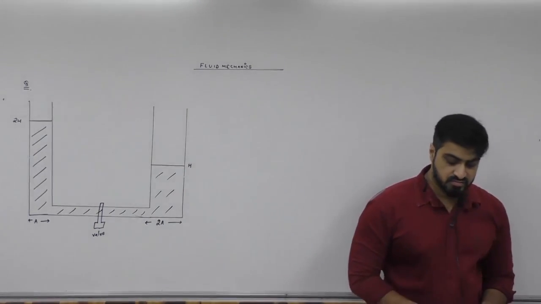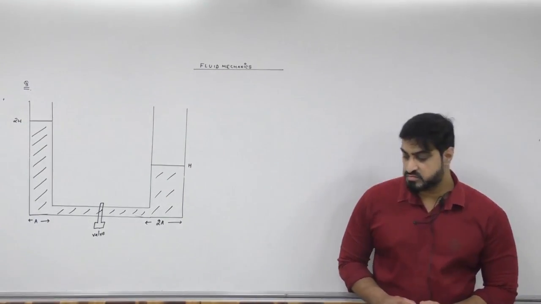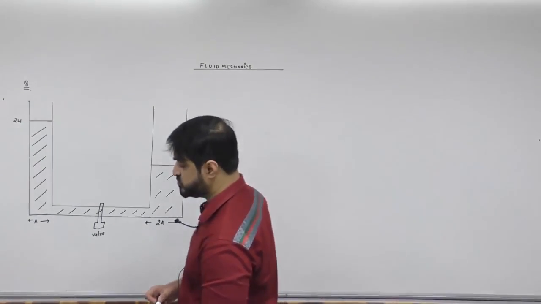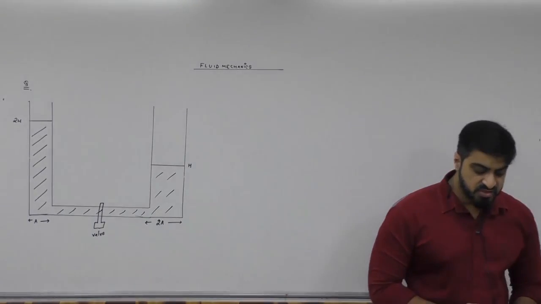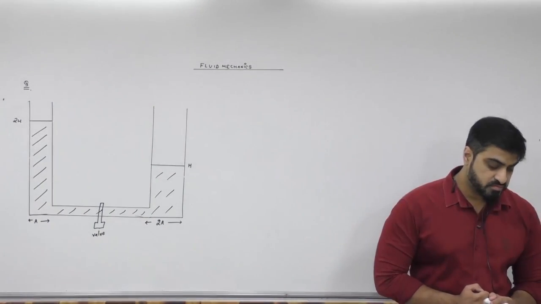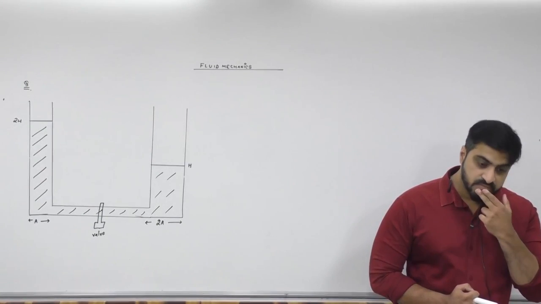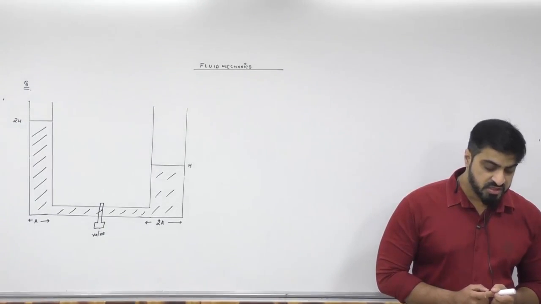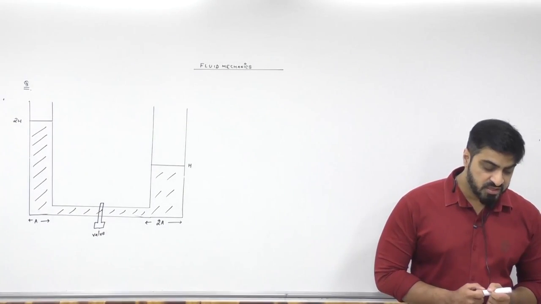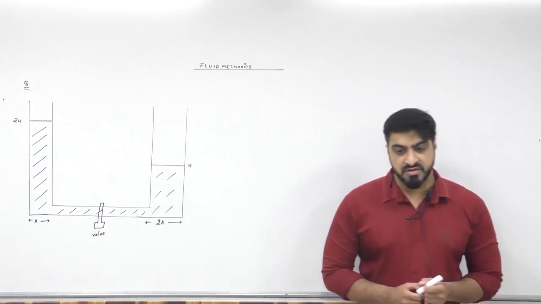Find the common height after the liquid is being redistributed, and second part is the loss in gravitational potential energy in redistribution.